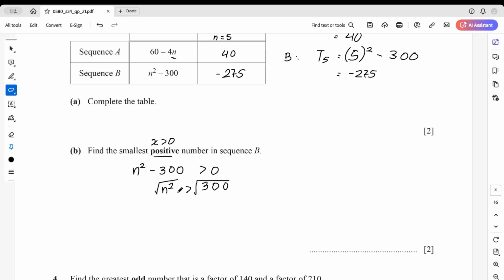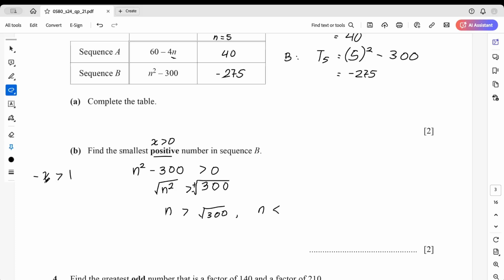and this is the part where you have to be careful. When you're square rooting both sides, you are effectively getting a positive and a negative answer. So the positive answer should have no problem and would be greater than the square root of 300. However, your negative answer would switch your sign. Okay, because we know, for example, we have negative x greater than 1.